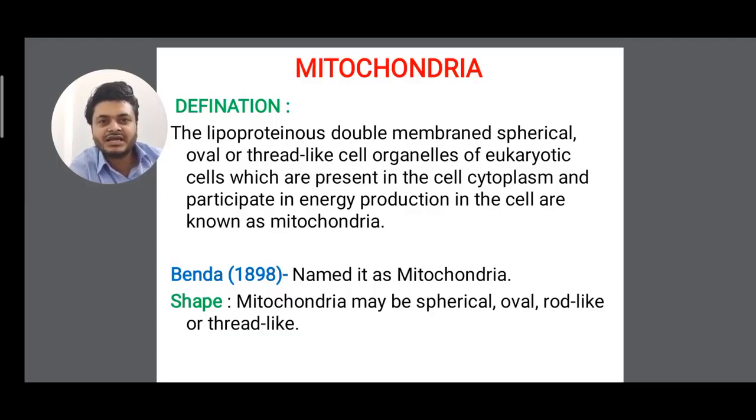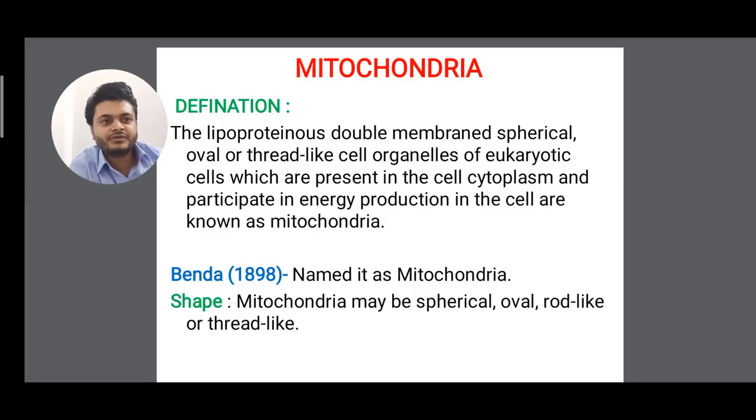These mitochondria are a double membrane structure present in eukaryotic cells. Their function is energy production, that is ATP production. ATP means adenosine triphosphate. Without energy, the cell cannot perform its activity. As I said earlier, Benda in 1898 named it mitochondria.